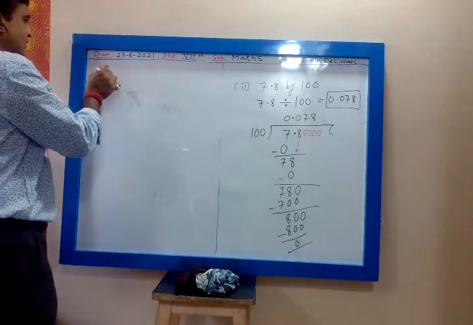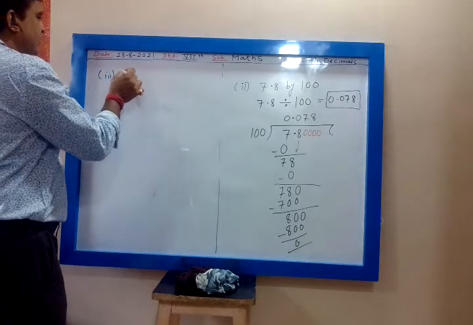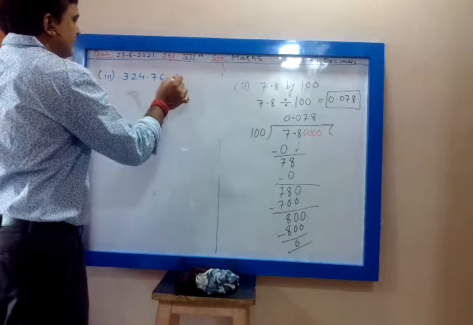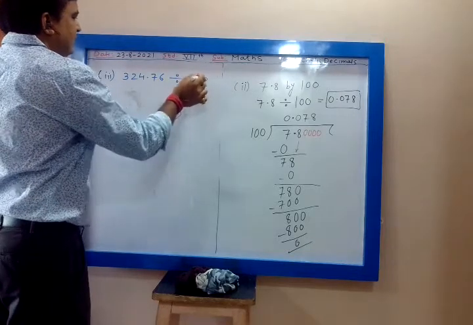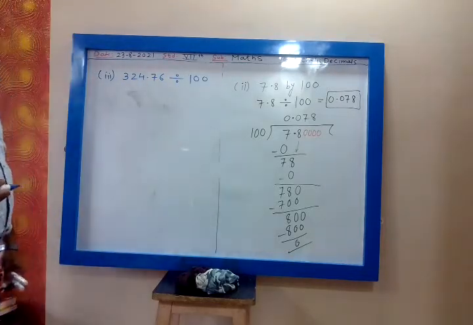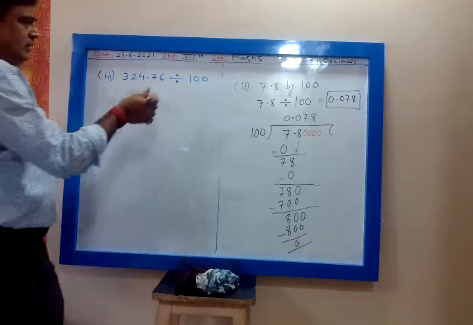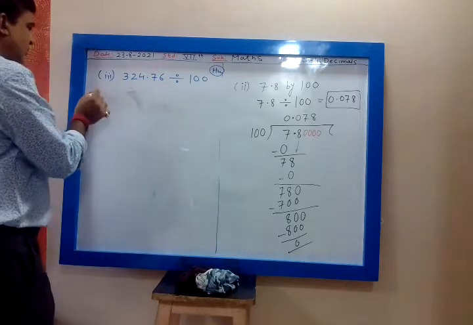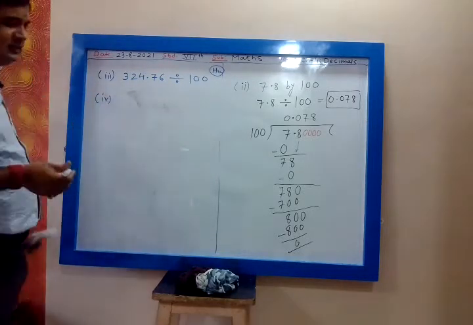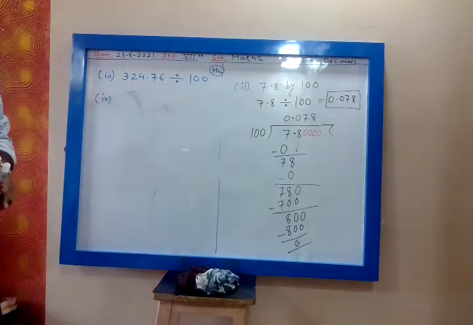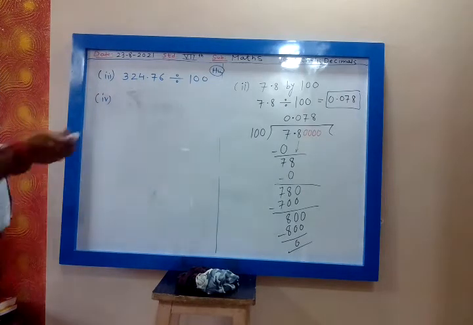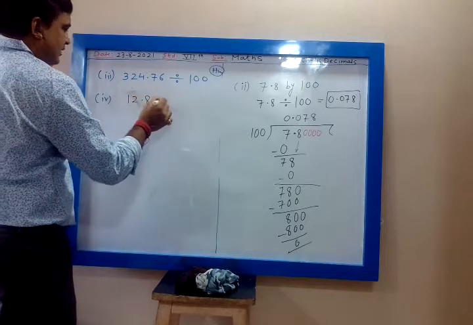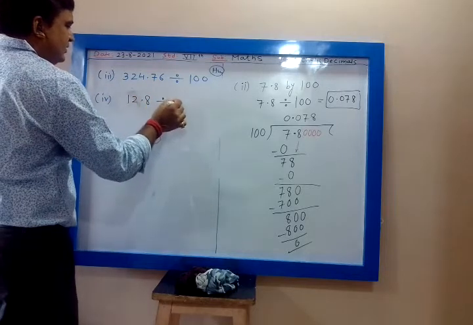324.76. Now third one. 324.76 divide by 1000. Yes, in the same way you will do this. Should I give homework? This one? Yes. Homework. Wait, my dear. Same way you will do. Then 12.8 by 4. 12.8 divided by 4. You can do this.